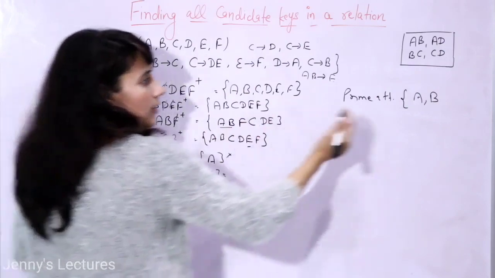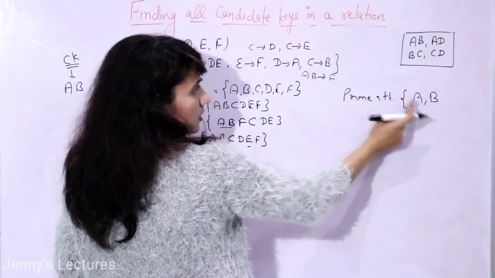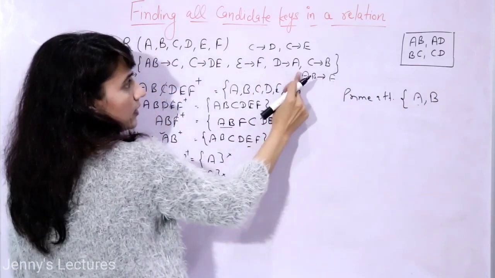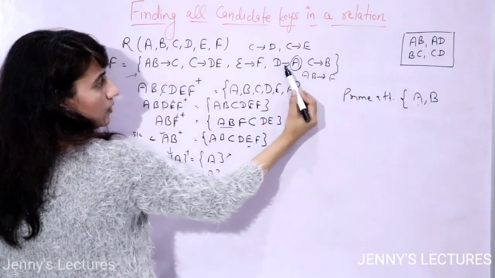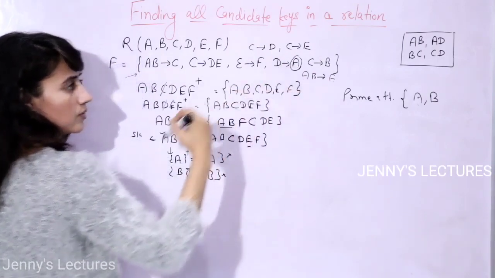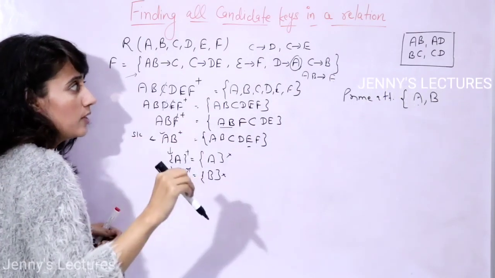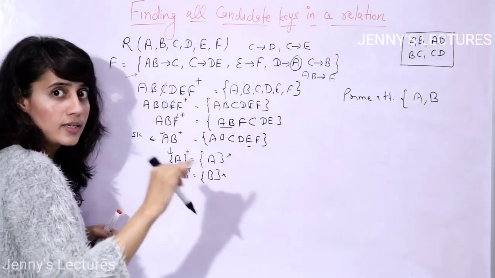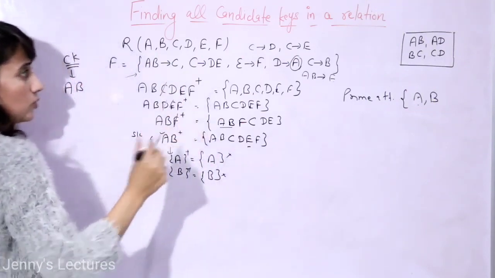Fine. Check. Attributes are A and B. A, check out, is A present on the right hand side of any functional dependency? Yes. Here. D will determine A. Here A is present on the right hand side of this functional dependency, right? So now it means you have more candidate keys in this relation, right? You need to find out those. How to find out those?